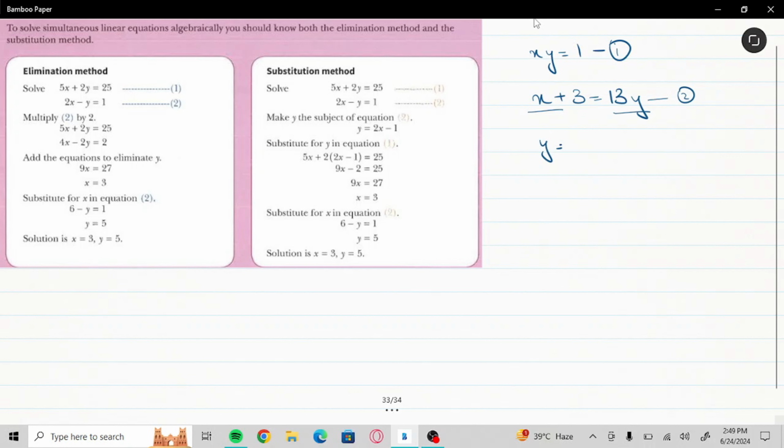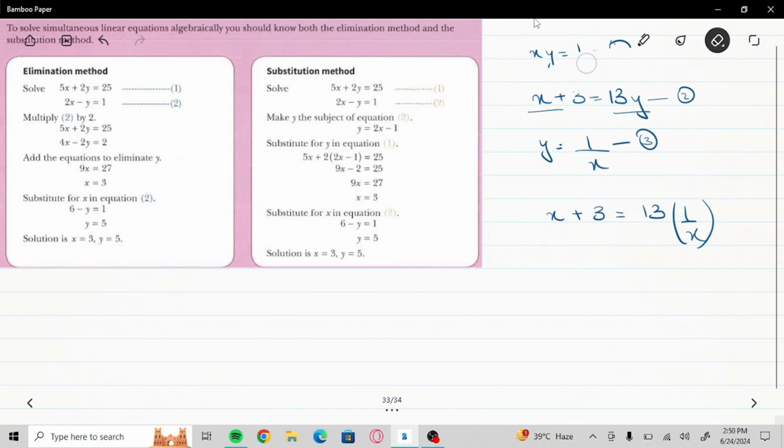So we could say y = 1/x, and that would become equation 3 after changing equation 1. And we could input this value of y into equation 2, and we would say x + 3 = 13 multiplied by 1/x. And we could solve this and find the value of x. I'm not going to do this example really, but it was just to clarify a concept.